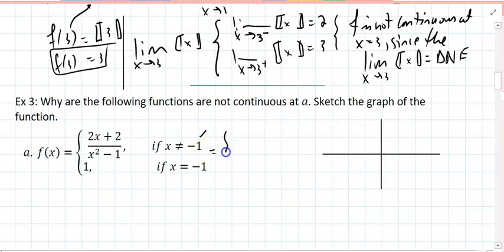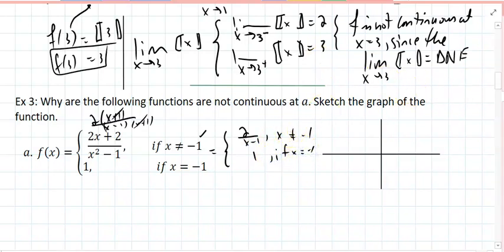If I take this and I simplify, I could factor a 2 out. This is really 2 over x minus 1 if x doesn't equal -1, and 1 if x equals -1. Well, the graph of that, I'm going to shift so I have a vertical asymptote at x equals 1, horizontal y equals 0. If x equals 0, I get a -2.